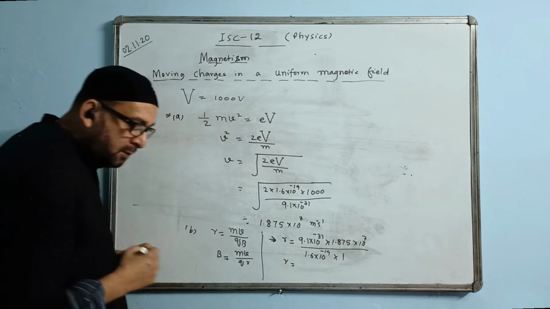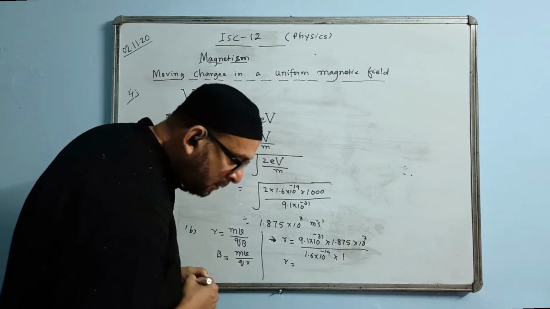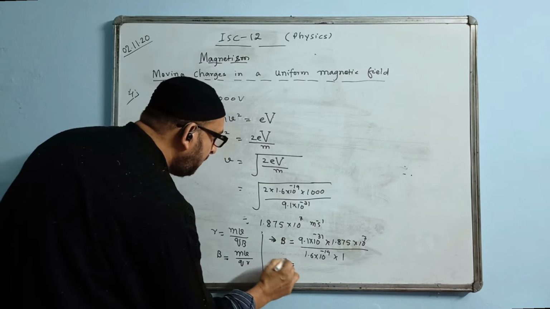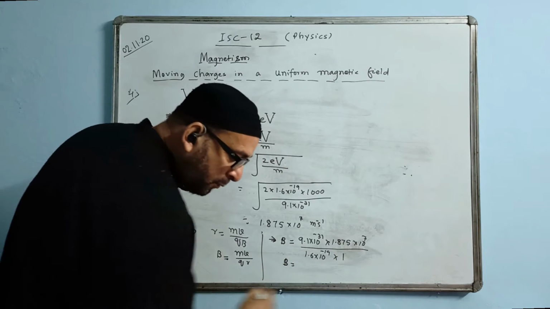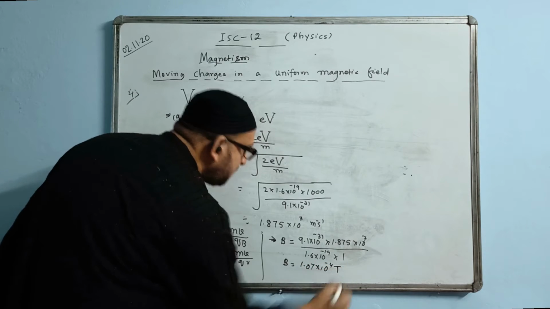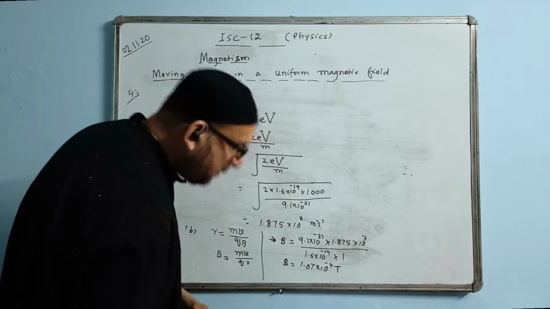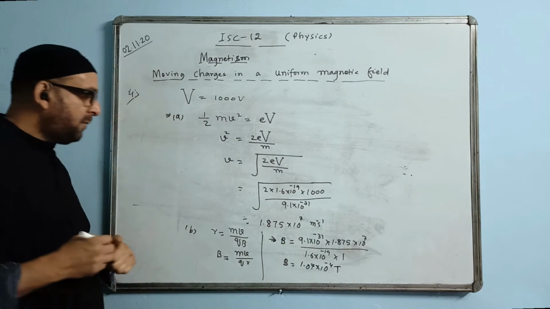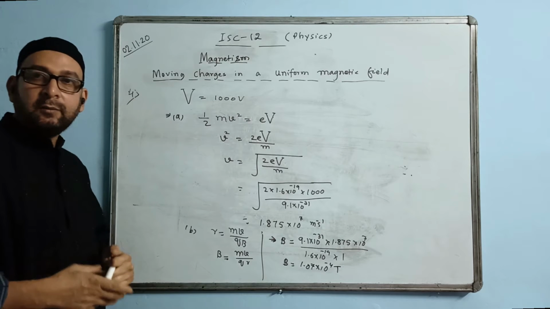Calculate, and the value of B will come 1.07 into 10 to the minus 4 Tesla. 1.07 into 10 to the power of minus 4 Tesla will be the answer for this question.